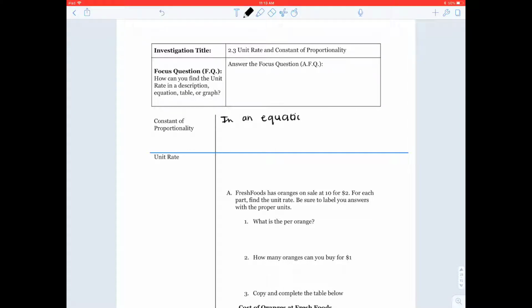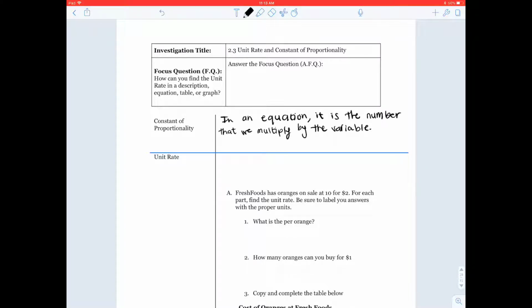In an equation, the constant of proportionality is the number that we multiply by the variable.